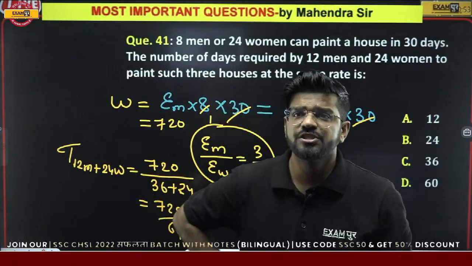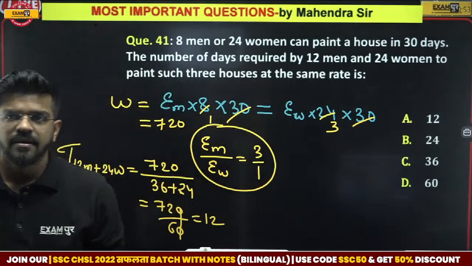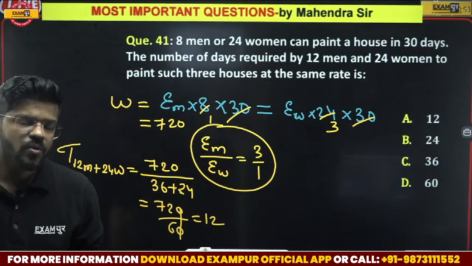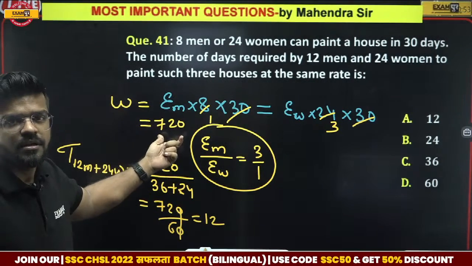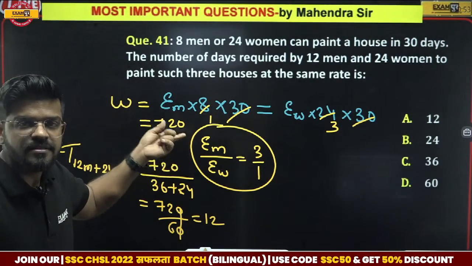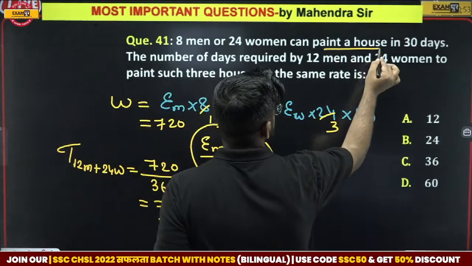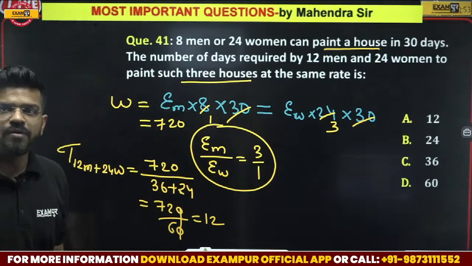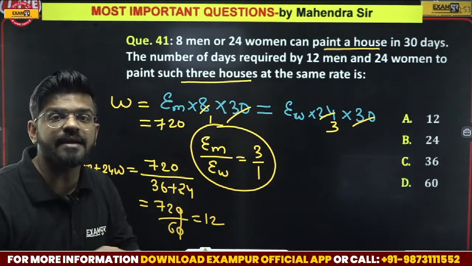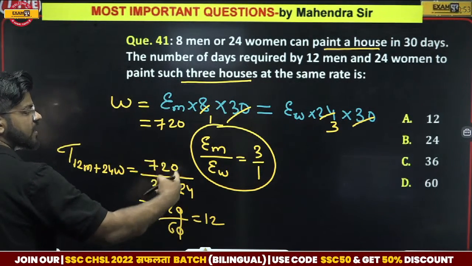Is 12 the answer, Shivam? It is A or not? No, it is not. Why? Because the work we took is 720, and this work is nothing but painting a house. But we have to paint such 3 houses. So we will take 3 times. So 12 days to paint 1 house.